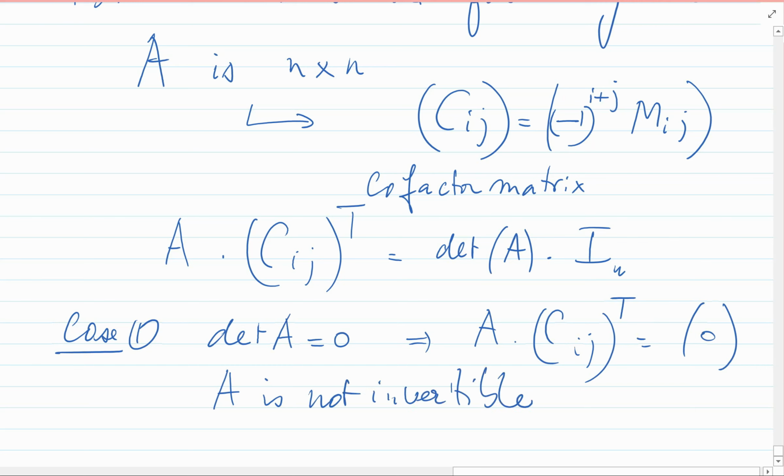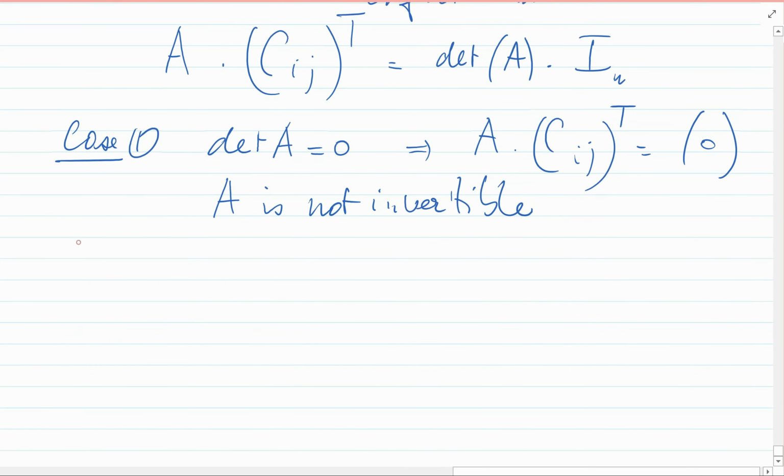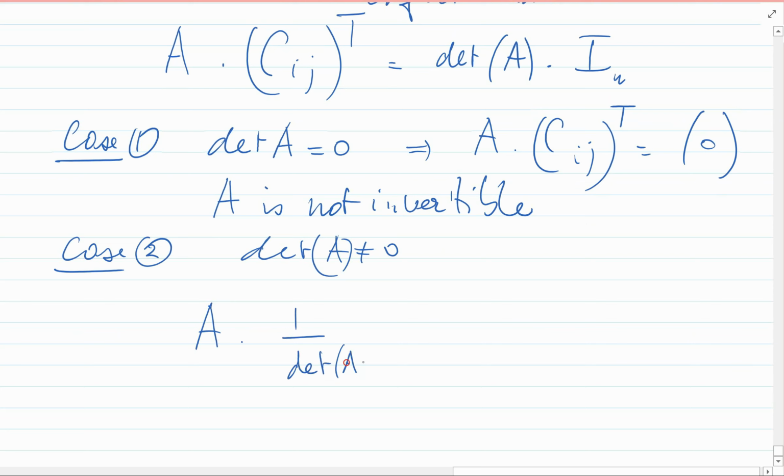Case 2, so the determinant of A is not equal to 0. It's a number that's not equal to 0. In this case, A times 1 over the determinant of A times Cij transpose is going to give me what? The 1 over determinant goes out, times the determinant of A times In, which is In.